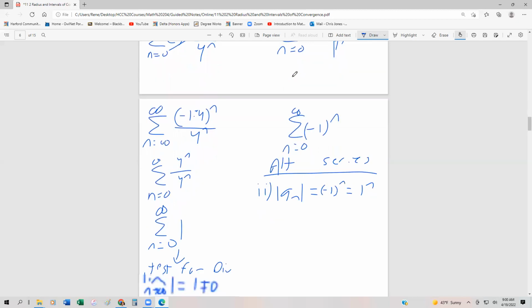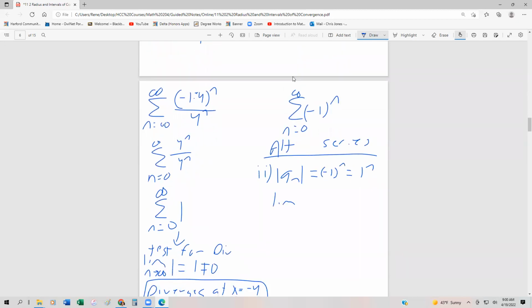If we take the limit of that sequence of 1 to the n, that's going to be equal to 1 to the infinity, which is not going to be 0. So clearly that's not equal to 0, which means that it diverges at the point x equals 4 as well.